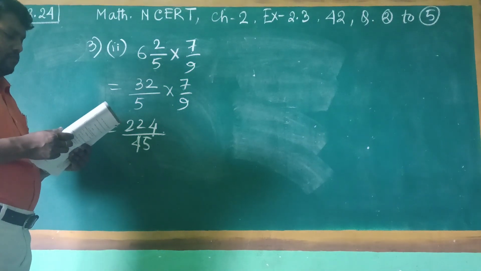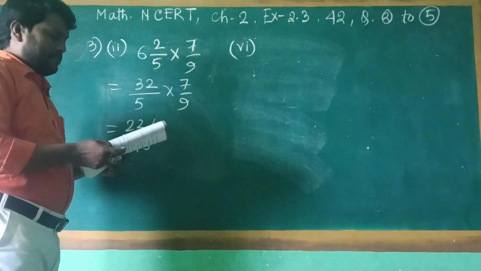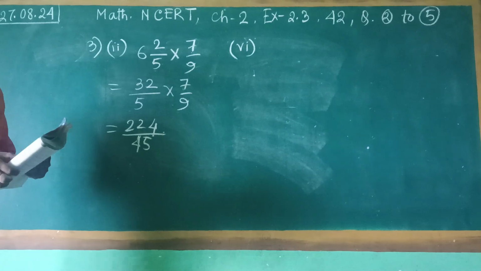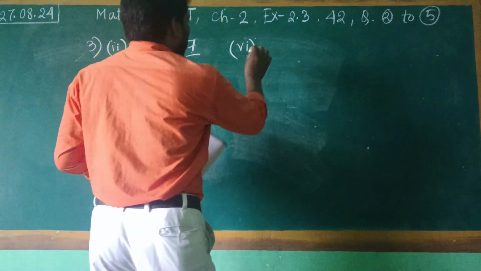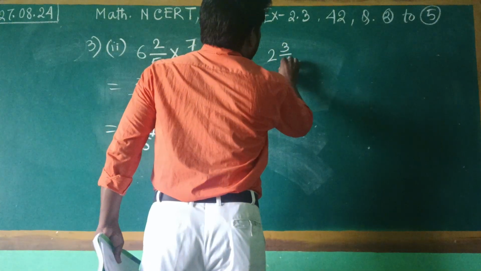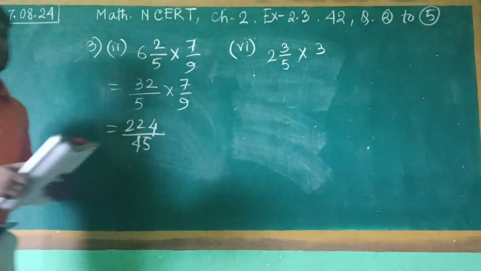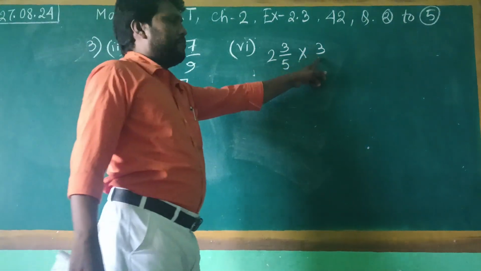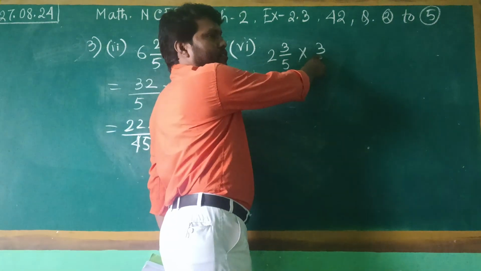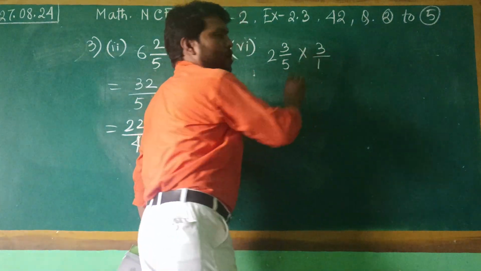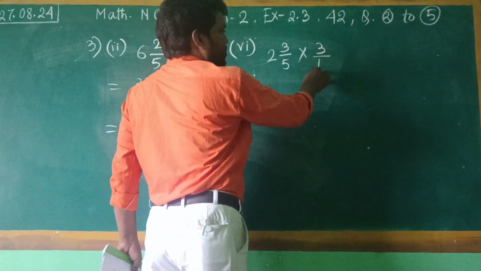I am going to question number 6, which is quite different. Quite different means there is a mixed fraction multiplied with a whole number. So 2 and 3/5 multiplied by 3. Always think of this whole number as being in the numerator, with denominator 1. Sometimes many students think that it is in the lower portion.